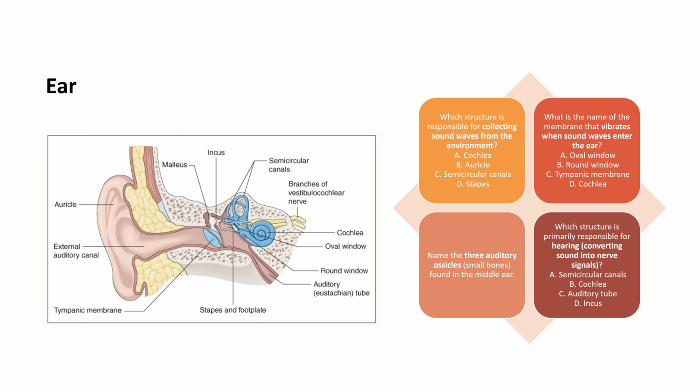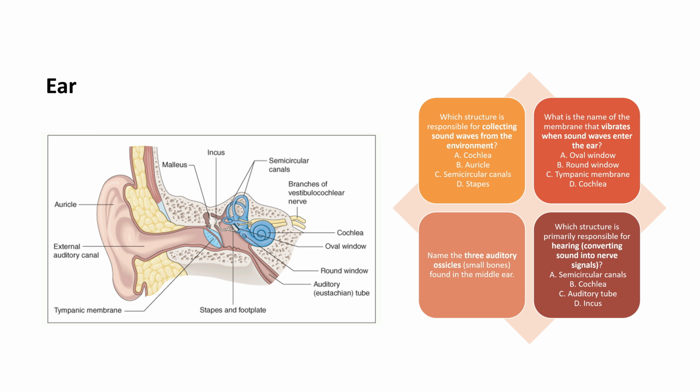You have your cochlea, your auricle, your semicircular canals, or your stapes. What is the name of the membrane that vibrates when sound waves enter the ear? Your oval window, your round window, your tympanic membrane, or your cochlea. Name the three ossicles. They're going to be small bones found in the middle ear.